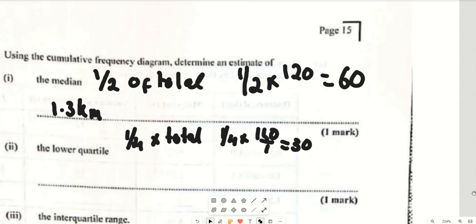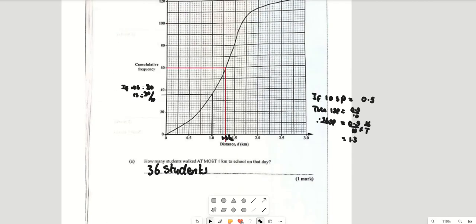So let's go up. 30 would be between here. So we'll use a different color to represent this lower quartile.